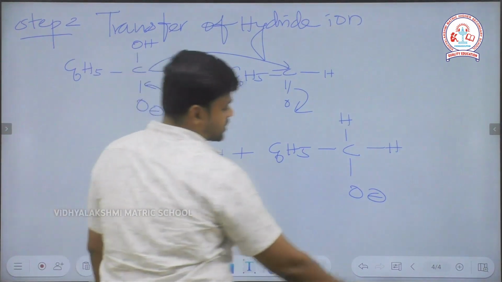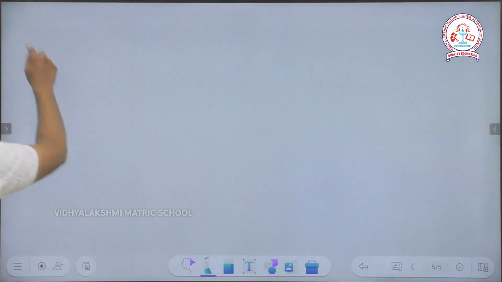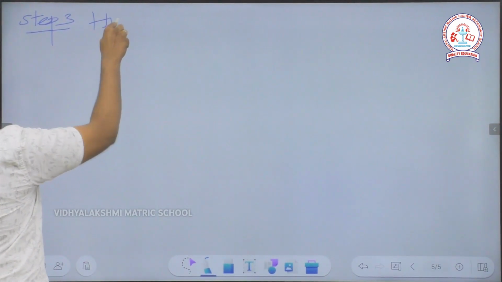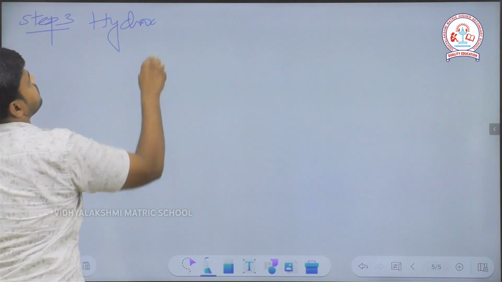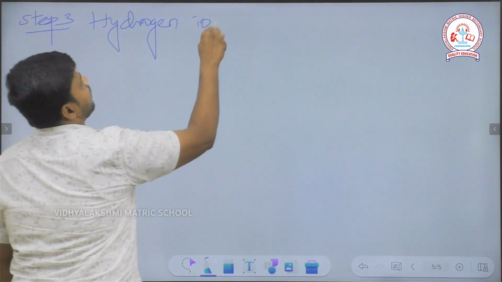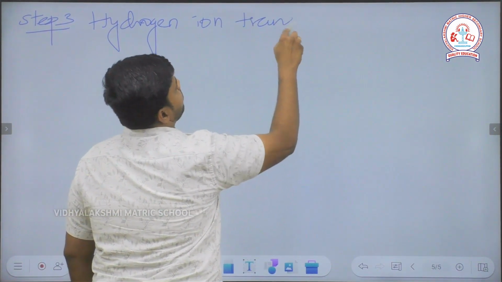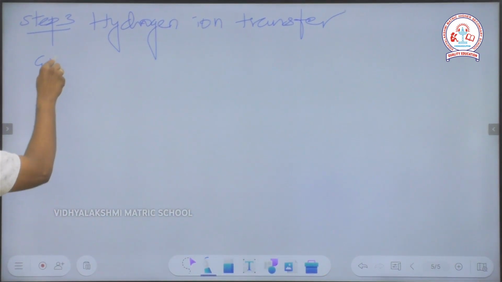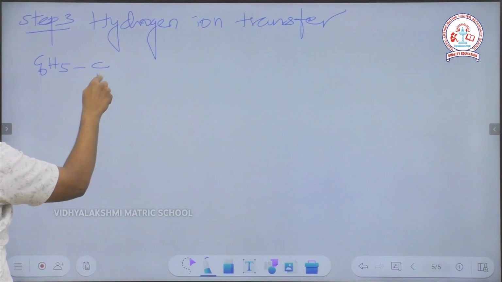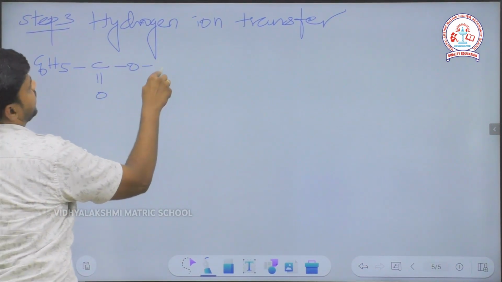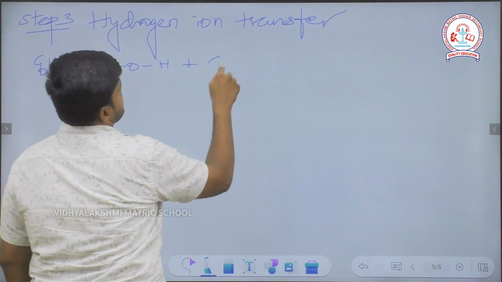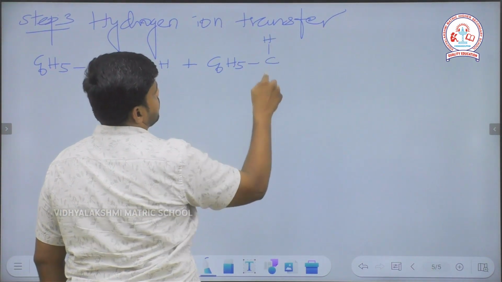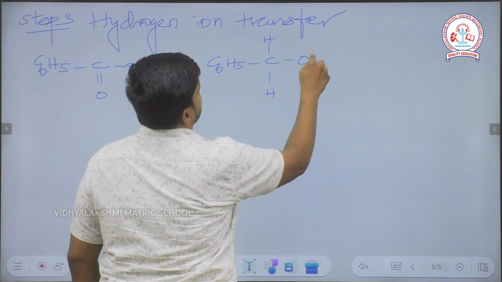Then the third step includes the transfer of a hydrogen ion. So the same I'll write: C6H5, C double bond O, OH, then C6H5, C, H, H, O minus.